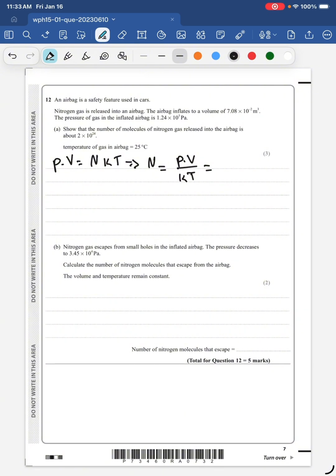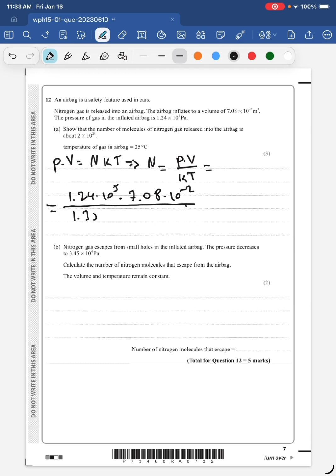Don't forget, I actually need to do it because for some reason I forgot. Just to make sure that I am finding the correct result, here in my notes I just quote the final result. So let's see. The pressure is 1.24 times 10 to the 5. Volume is 708 times 10 to the negative 2.